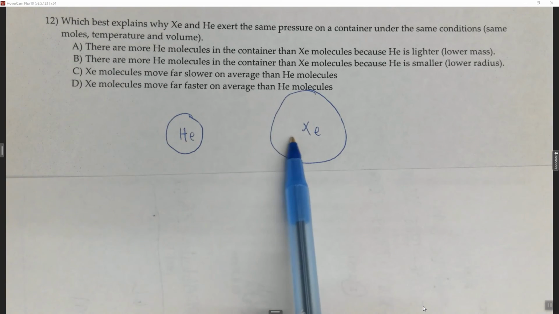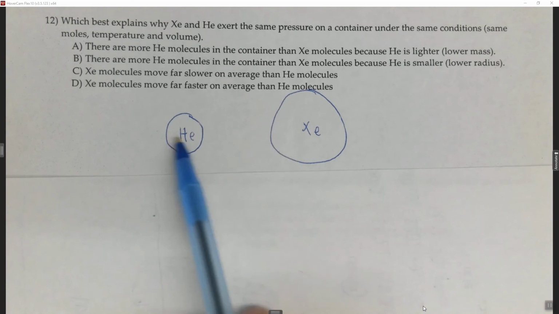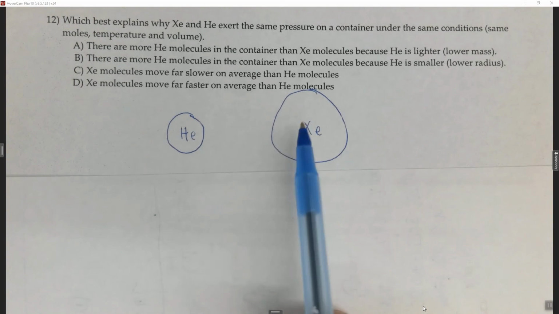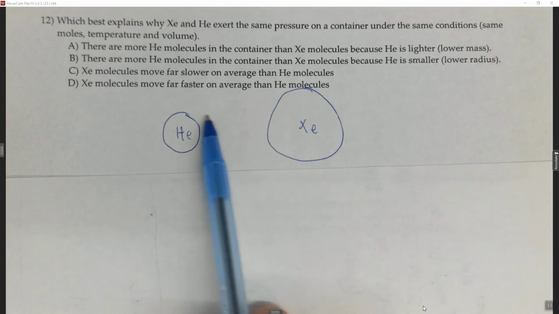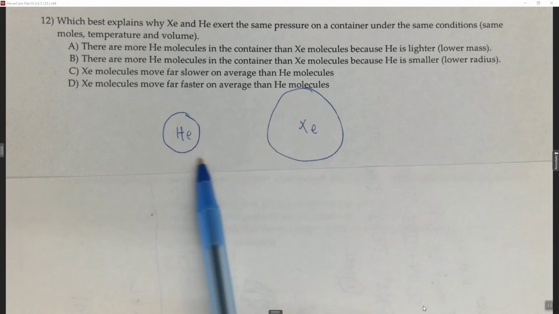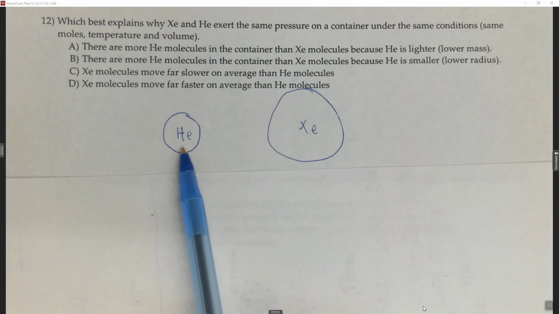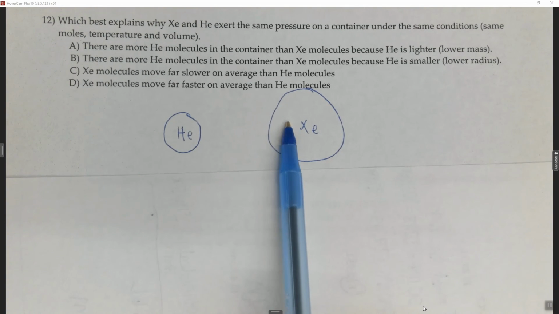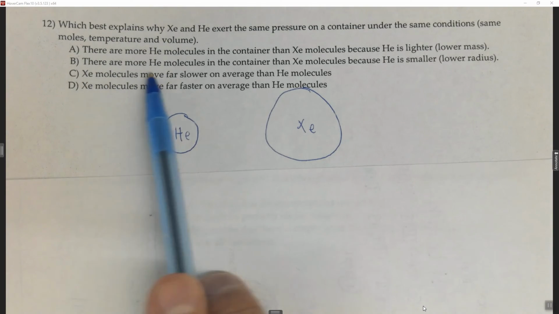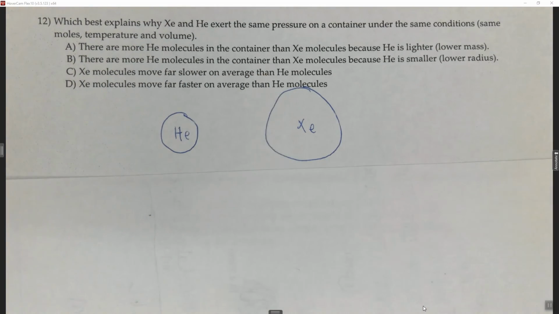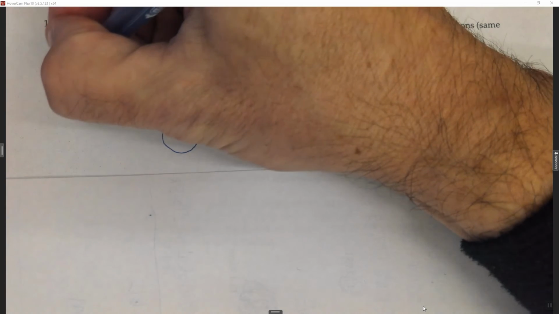However, if you have the same number of these at the same temperature and volume, they'll exert the exact same pressure. Why is that? It's because the helium molecules are moving much faster on average than the xenon molecules. So the xenon molecules move far slower on average than the helium molecules.